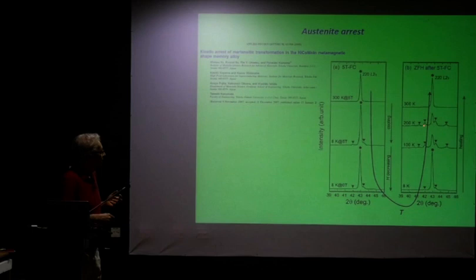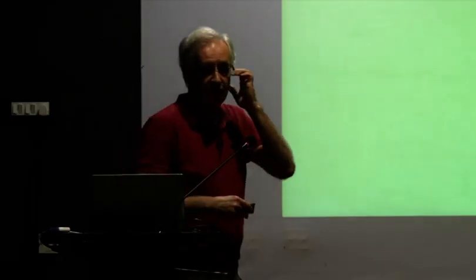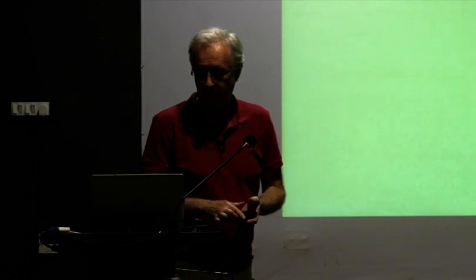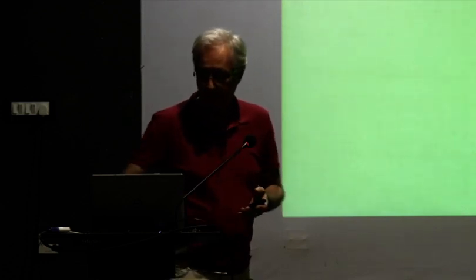And then at around 200 Kelvin, you have a pure martensite state with some of your rest austenite, or the arrested austenite there. And then at 300 Kelvin, everything is back to its normal position. So the magnetic field has done something here. The magnetic field has arrested this state.